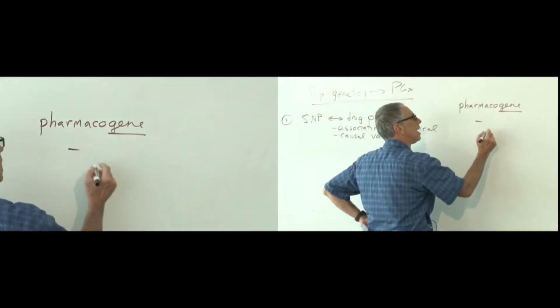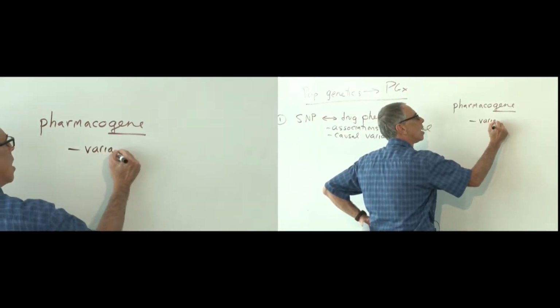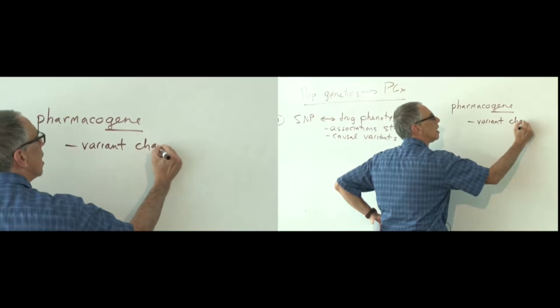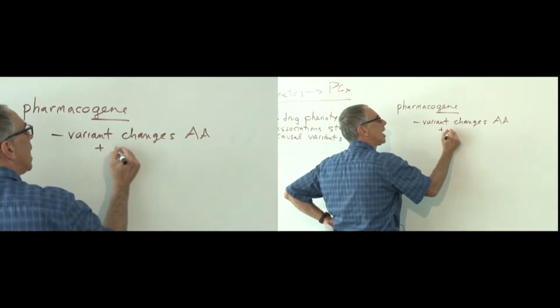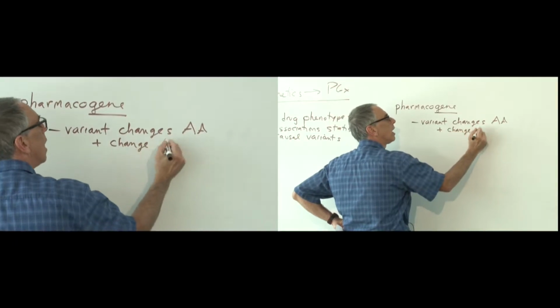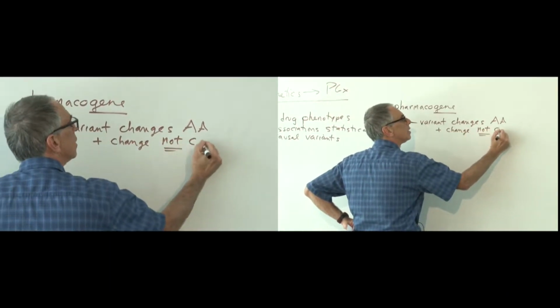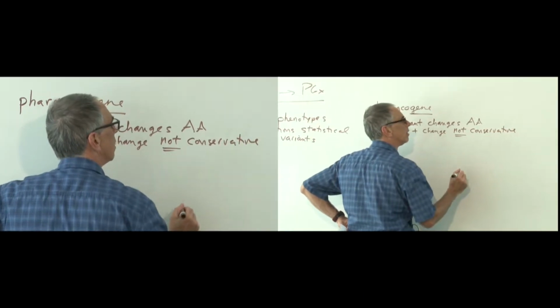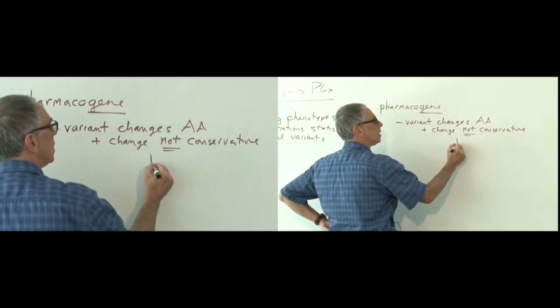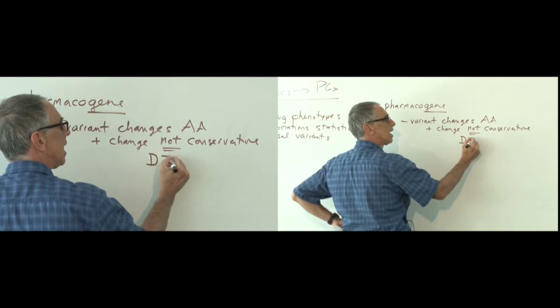For example, if the variant changes an amino acid, and the change is what we would call not conservative. It changes the amino acid to an amino acid that is very different. So for example, the amino acid D is negatively charged.